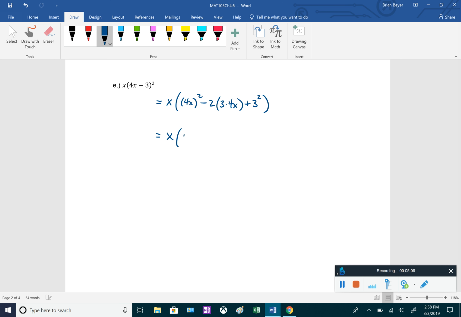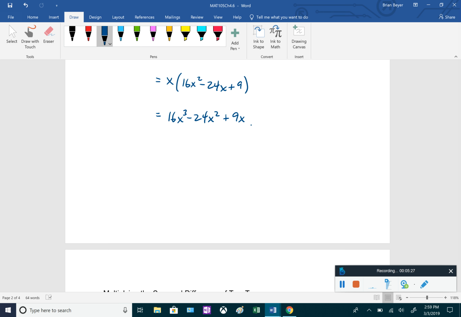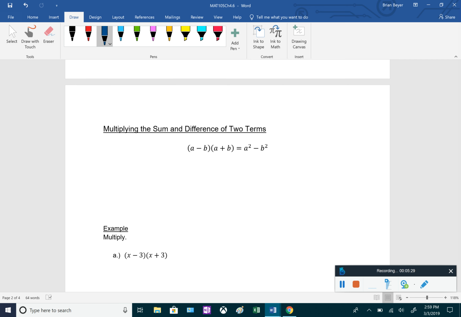So x times 16x squared minus 2 times 3 times 4 is 24x plus 9. And now we just have to distribute the x into those three terms. So 16x cubed minus 24x squared plus 9x. Okay, so that's the shortcut for squaring a binomial.